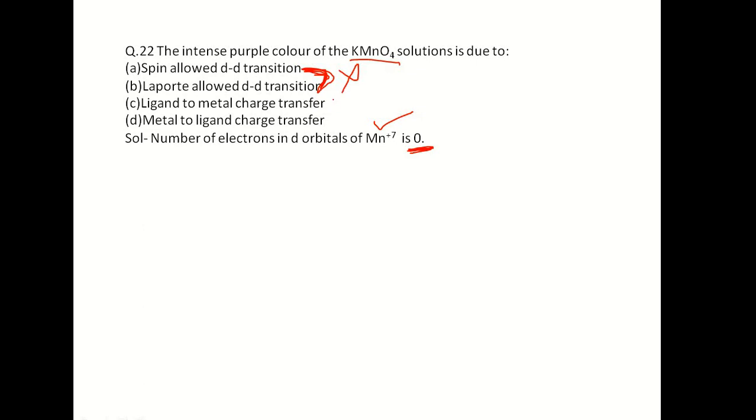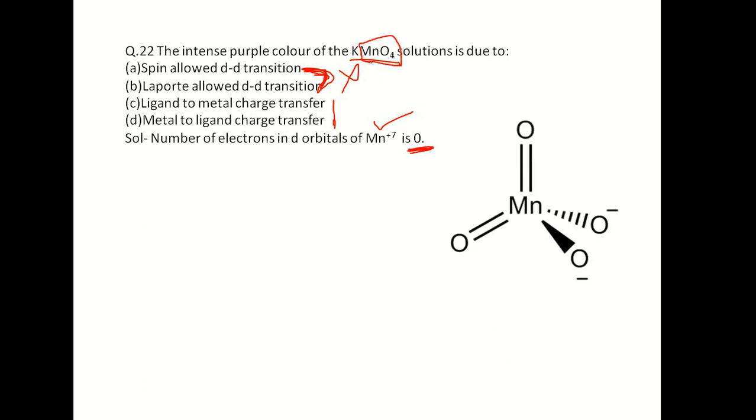Now in the remaining two options you can see that the intense purple color is due to the permanganate ion, MnO4 minus ion. Now the MnO4 minus ion looks like this. In this you can clearly see that Mn is in plus 7 oxidation state and it is lacking electrons, while the oxygen has two negative charges.